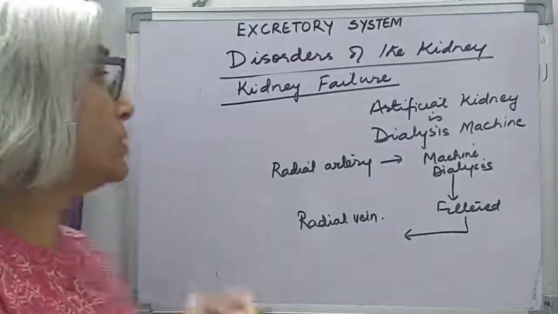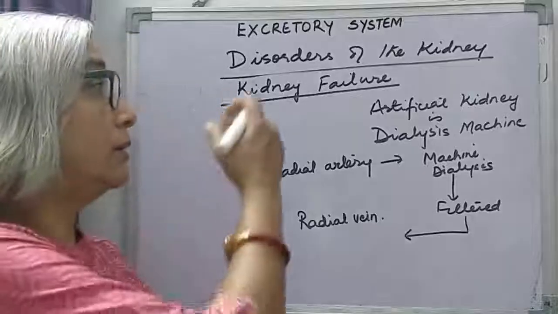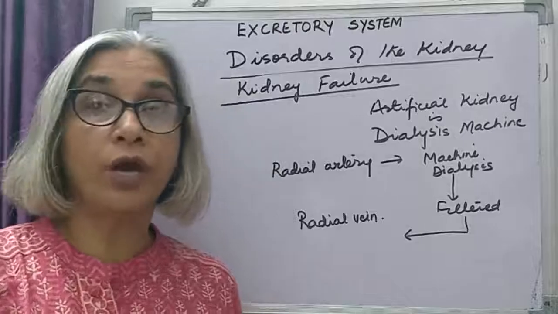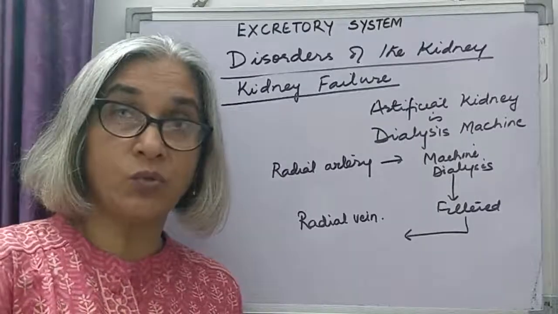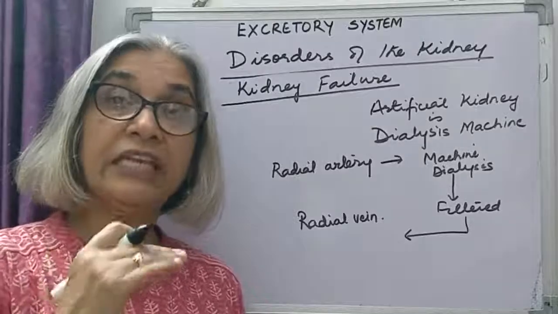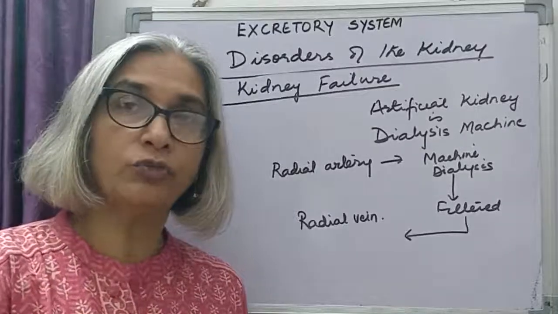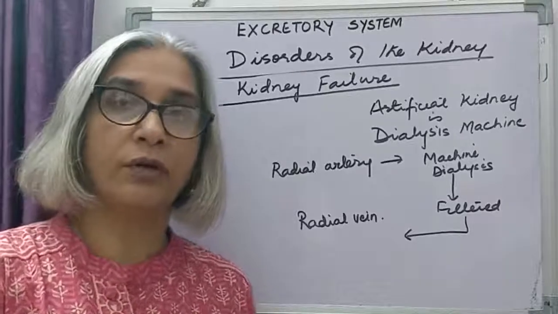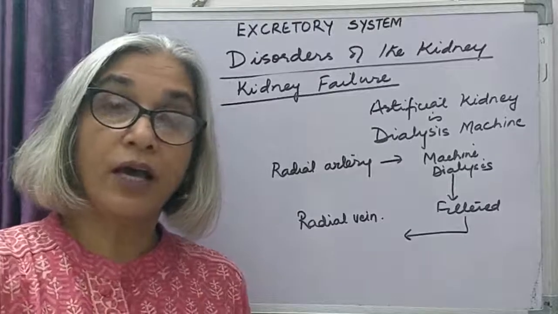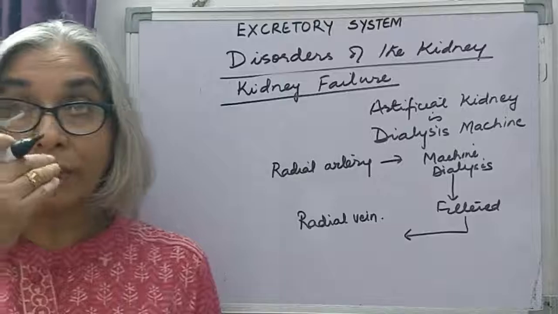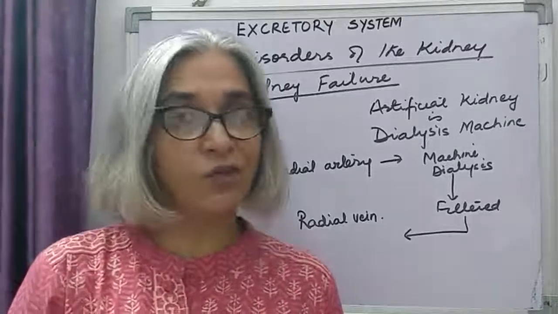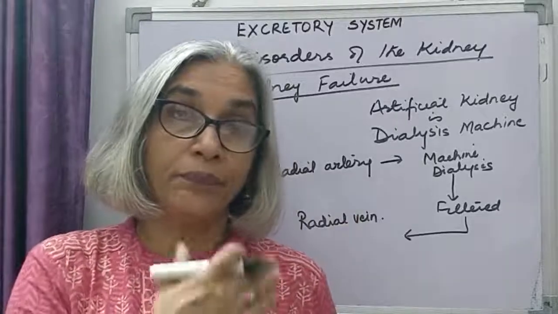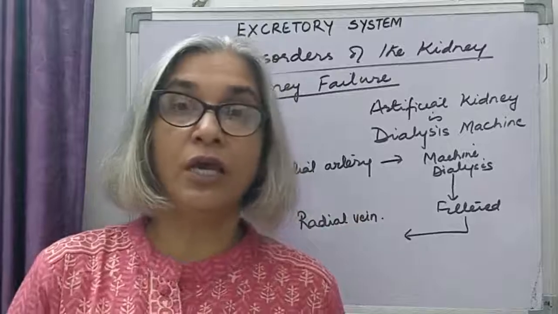Now, when I was telling you about osmoregulation and the role of antidiuretic hormone, I told you that in summer, urine production decreases because a lot of water is lost from the body in the form of sweat, and vice versa. In winter, more urine is produced because there is no sweating. So that steady state is maintained by these hormones.